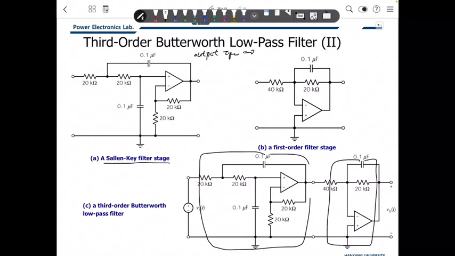So you need to focus on what the RC filter is, what the active filter is, what the Butterworth filter is, and what the Sallen-Key filter is. Based on that, and what the loading effect is, that is a very important idea to be covered in this chapter.